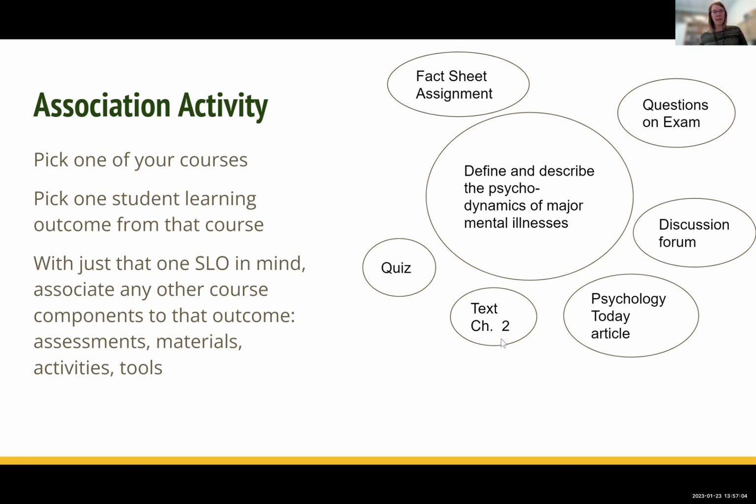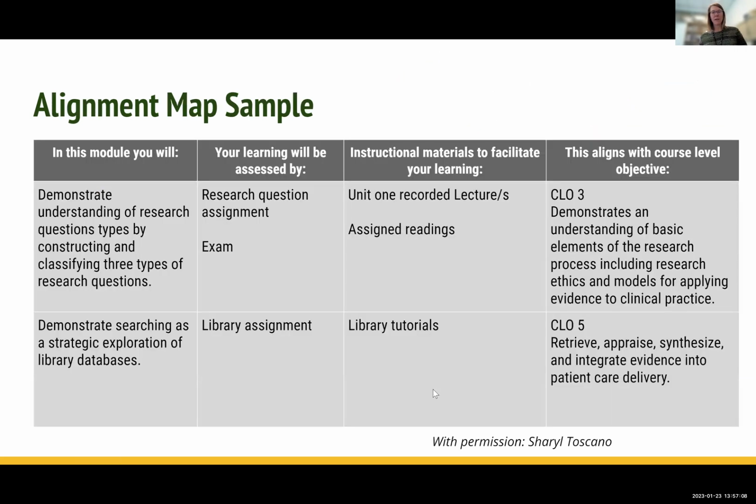Another way to do it, and I have permission from Cheryl Toscano, she has multiple Quality Matters reviewed courses. The alignment map is recommended by Quality Matters, but not required.